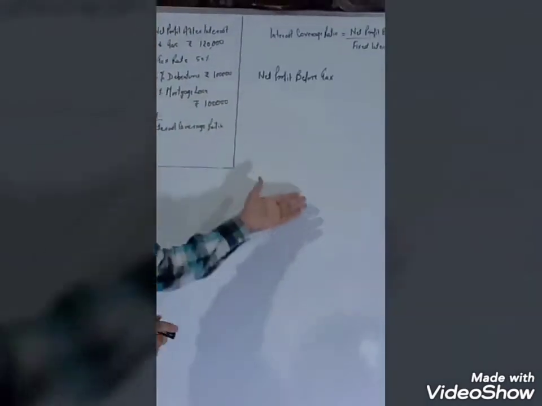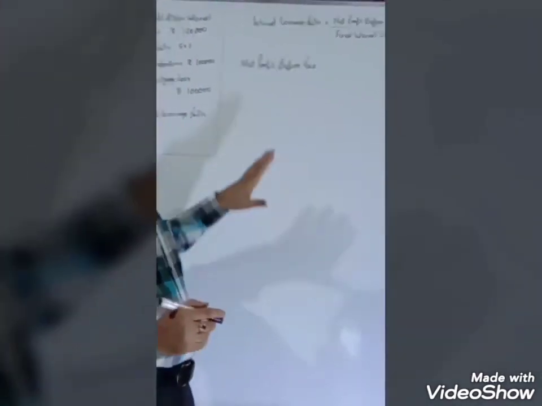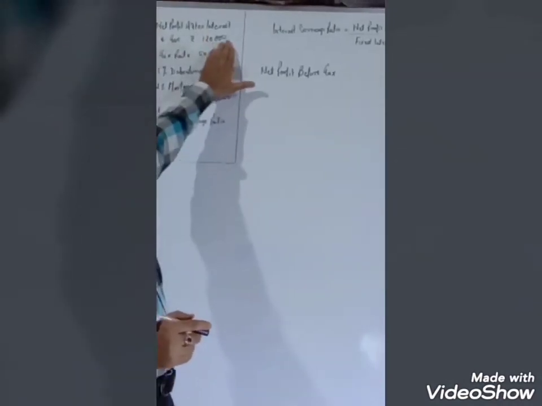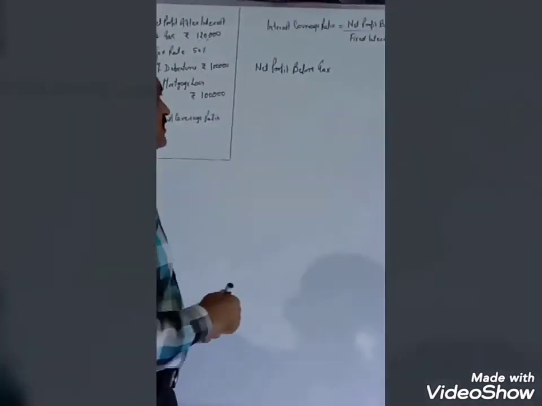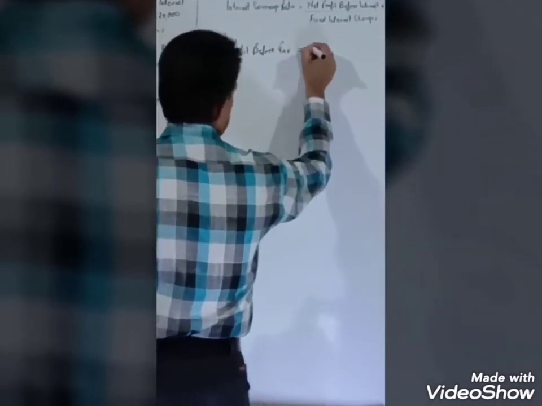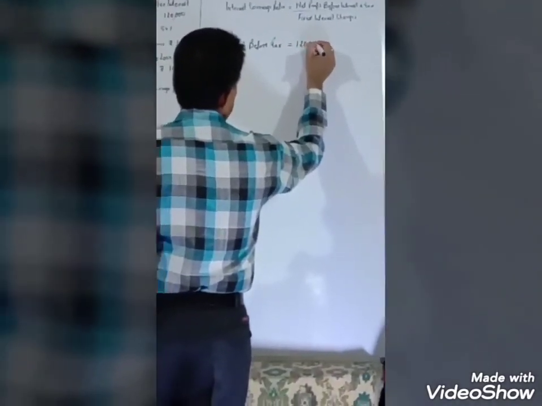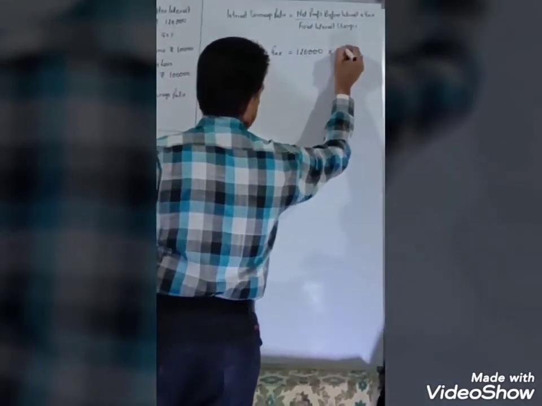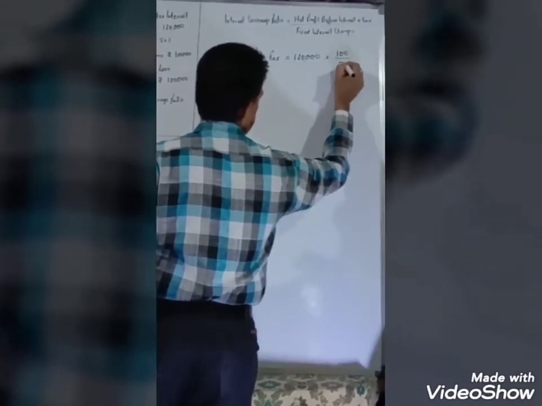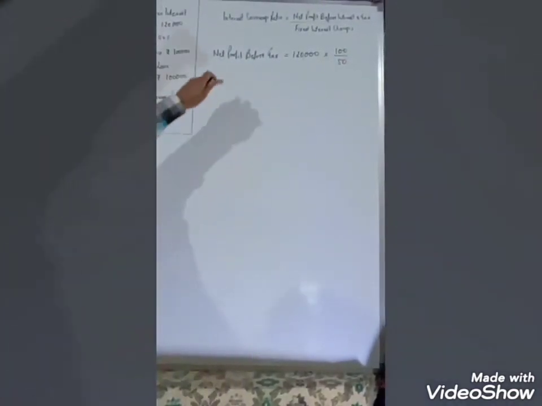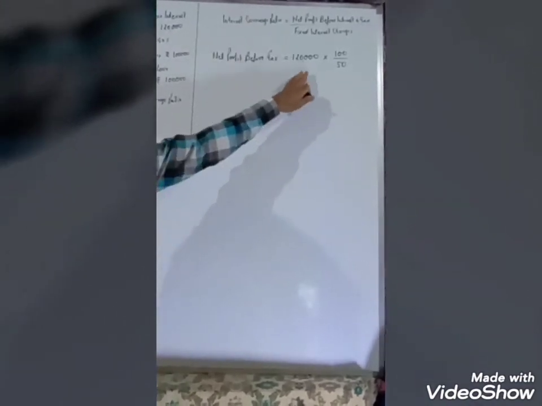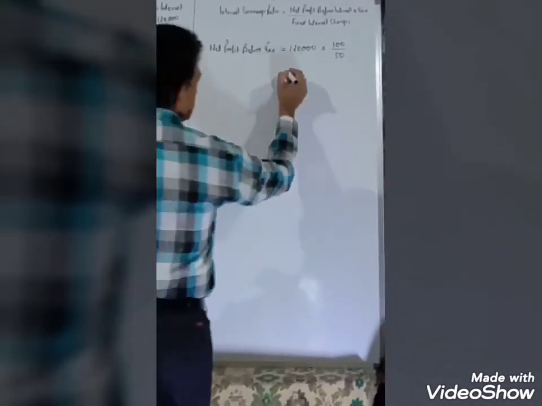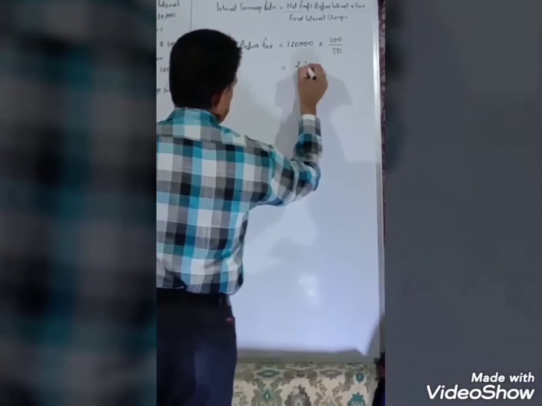Here the tax rate is given as 50%. So after the payment of tax at the rate of 50%, we arrived at the figure 1,20,000. This is net profit after tax. And if we calculate by taking the reciprocal of the rate, net profit after tax is 1,20,000 and the reciprocal of the rate 50%, we will get 2,40,000.